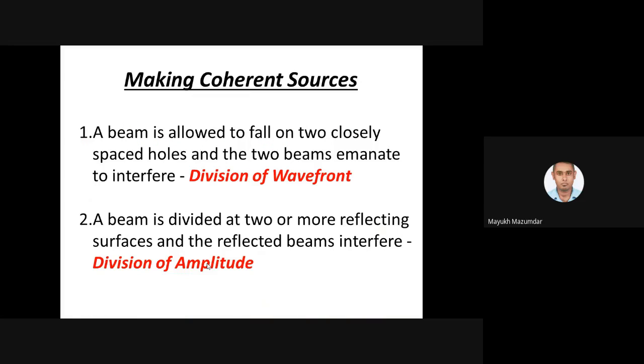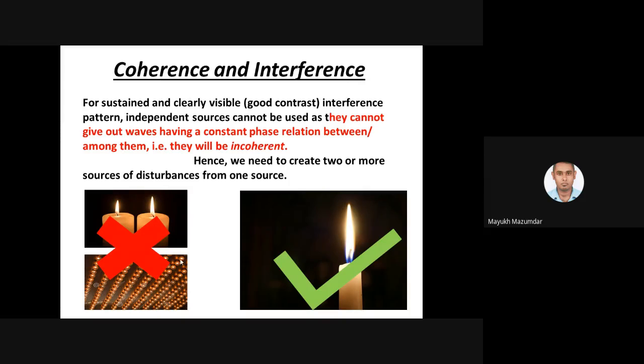How can we make coherent sources? Now it looks kind of like black magic: I have one candle, can I create two candles out of that? No, it's not about creating candles. It is about creating sources of light.